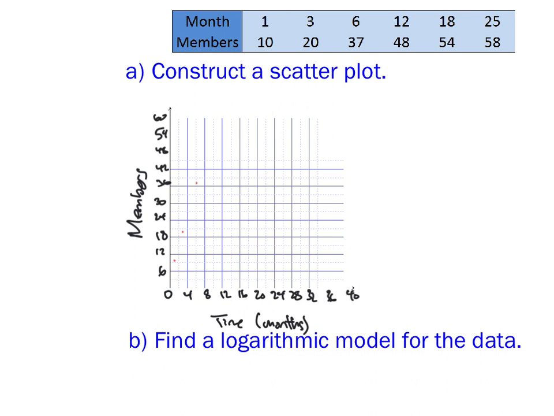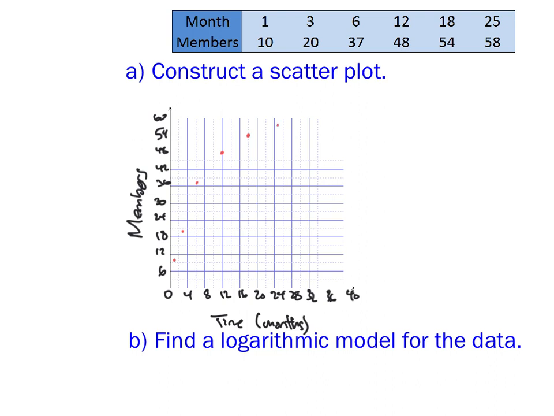After 12 months, there's 48. That's right there. After 18 months, there's 54. That's right there. Just going to make these a little bit bigger. And after 25 months, there is 58.